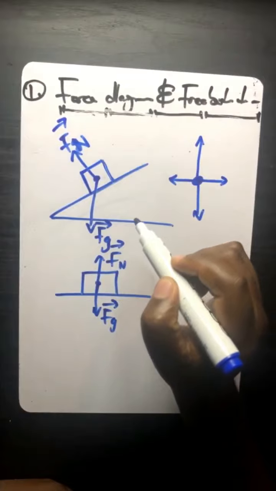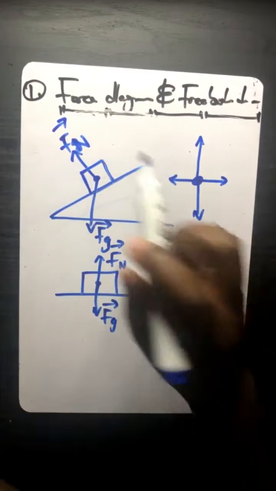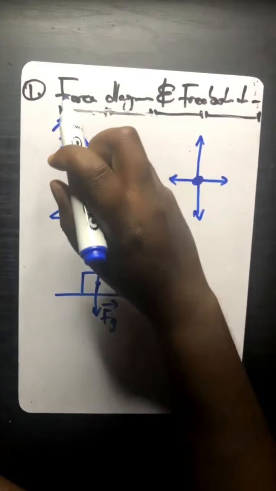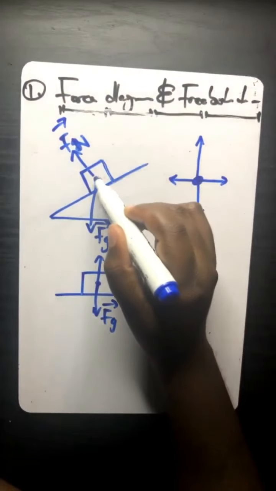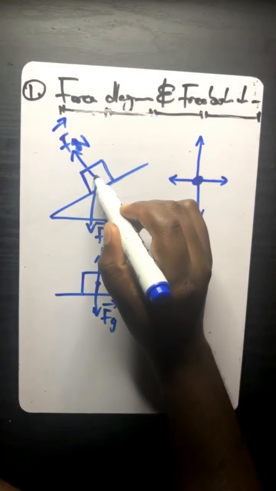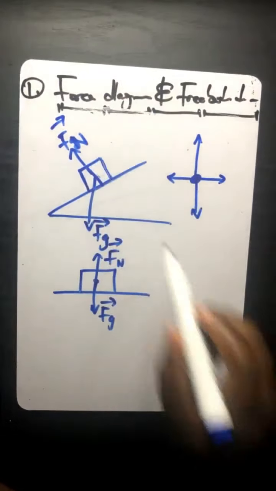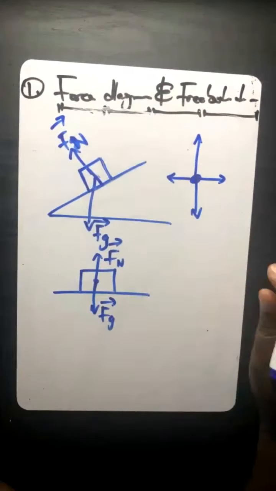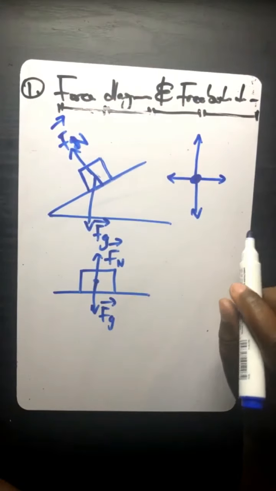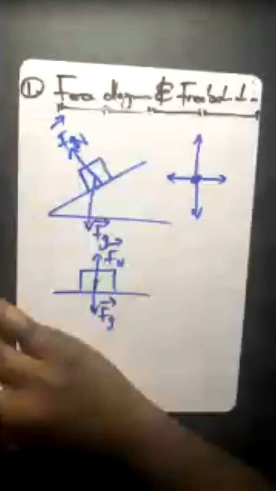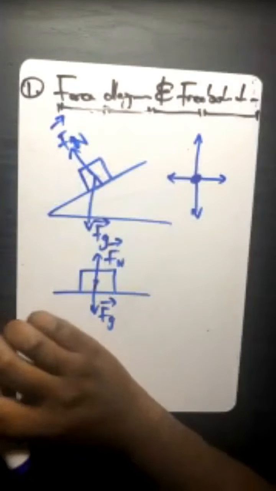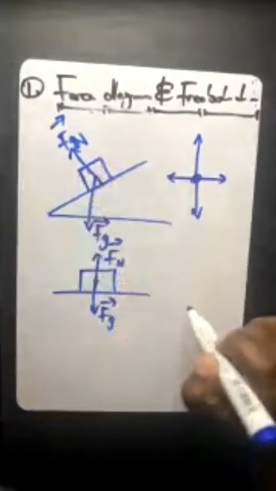For argument's sake, if a question comes, it's just going to be something drawn like that, and maybe another one drawn like that, and they're going to ask if this is a force or free body diagram. But in most cases, they won't ask you if that is this or this. They're just going to specify to say draw a force diagram. So you just need to be aware that you represent it by a block.